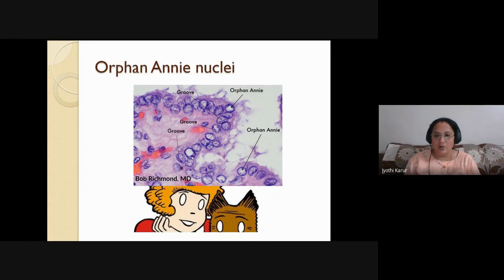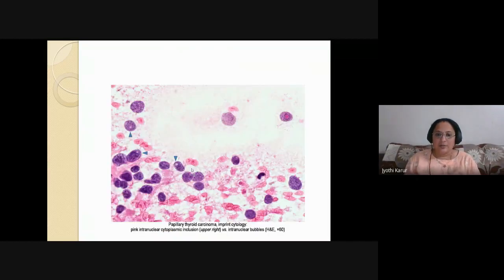So Orphan Annie nuclei: there are grooved nuclei and the cell looks almost empty and clear, like this cartoon character, that is the Orphan Annie character. Even her dog also looks like this. This is a typical feature. This is the FNAC cytology.